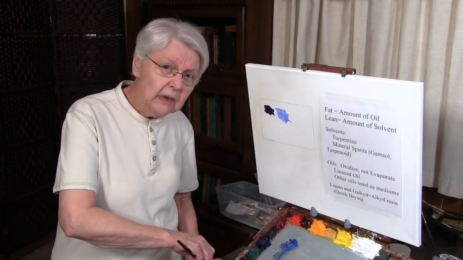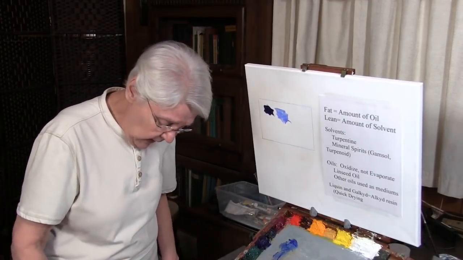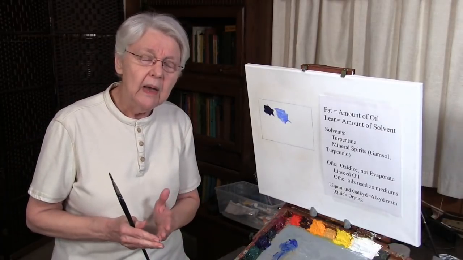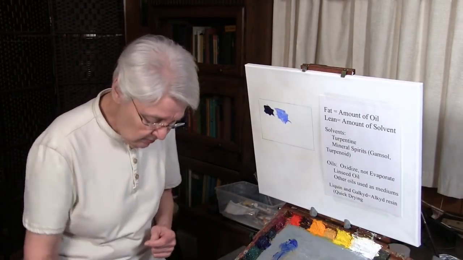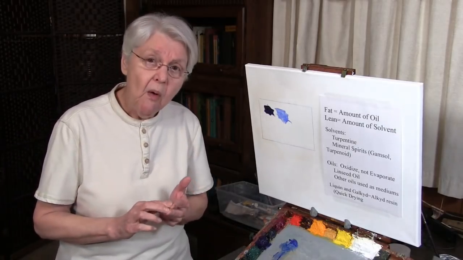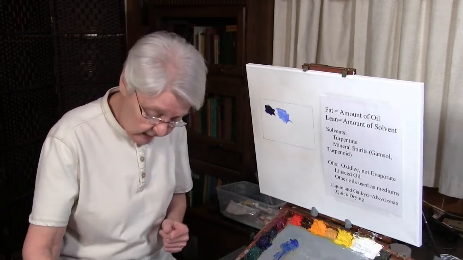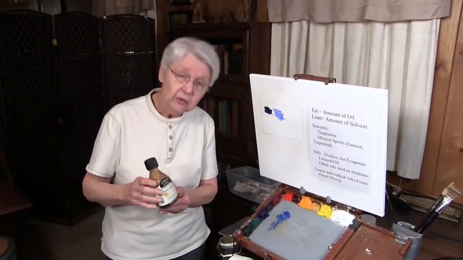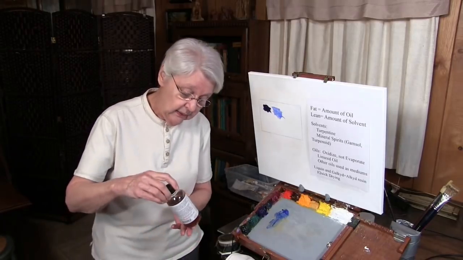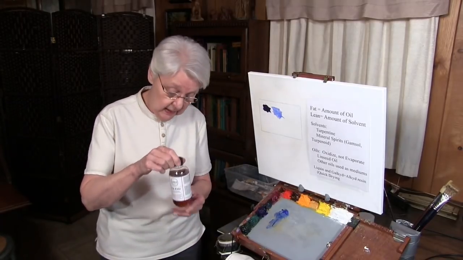There is one other little element there, and that is, what about mediums that have a drying element in them? We have two major mediums that are made primarily for enabling quick drying. One of those is made by Winsor Newton called Liquin, and another is made by the Gamblin company called Galkyd.